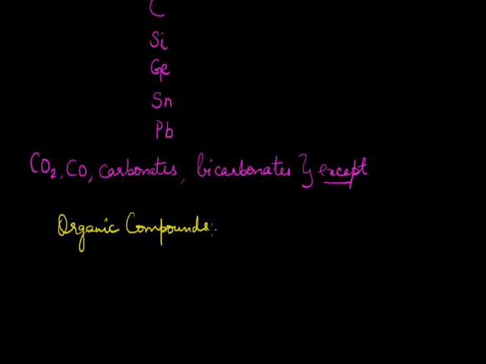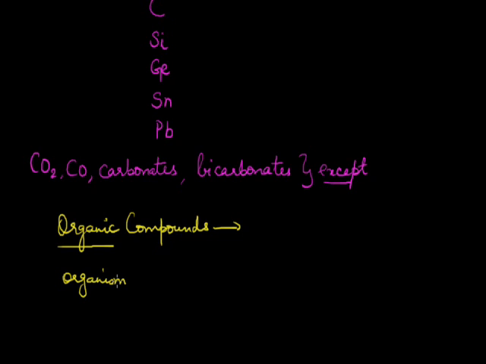Now the term organic compounds itself explains, it means something related to organism. Organisms include all animals, plants and microorganisms. So all the compounds which are obtained from living beings, from organisms, are categorized as organic compounds. And all these organic compounds contain carbon as the essential component.